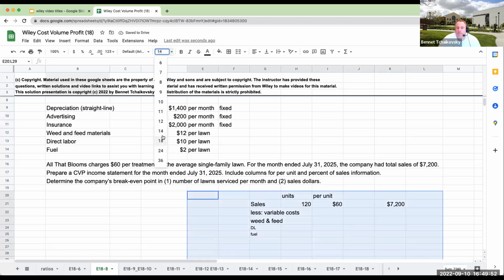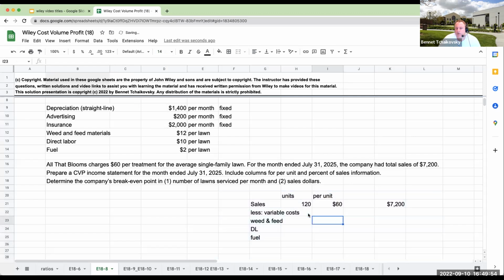So if I sold 120 units, I'm going to need 120 of weed and feed, 120 for direct labor, and then I'm also going to need 120 for fuel. My weed and feed, direct labor, and fuel are 12, 10, and 2.